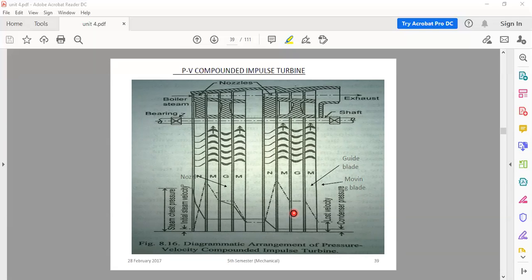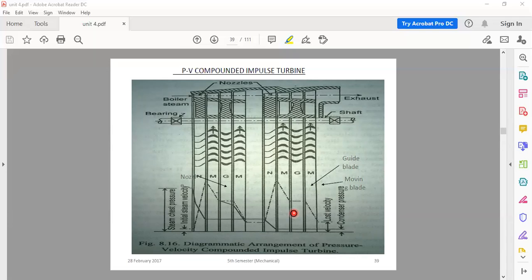So, see here at the starting, our pressure is high and inlet velocity is very low at the inlet of the nozzle. After steam passes through the nozzle, our velocity increases and pressure decreases. After that, steam passes over the moving blade.